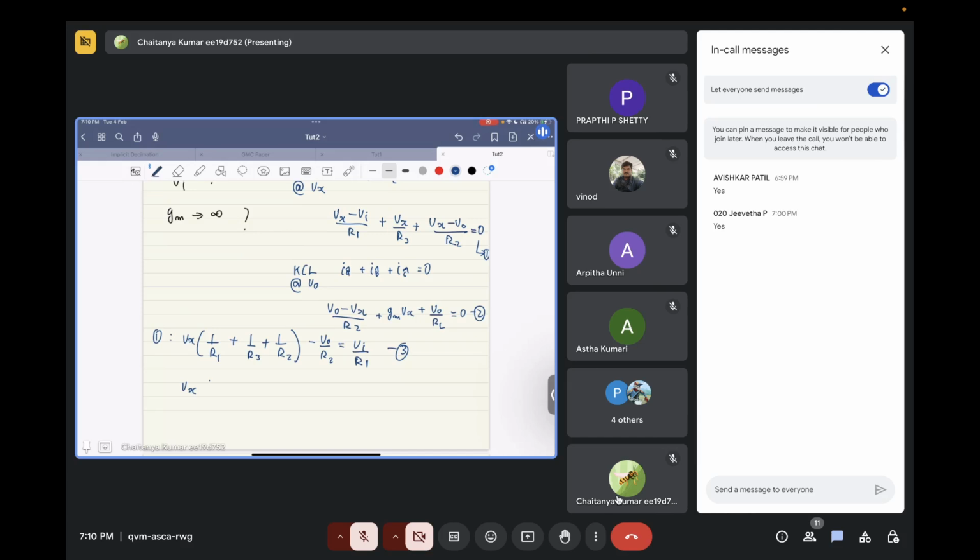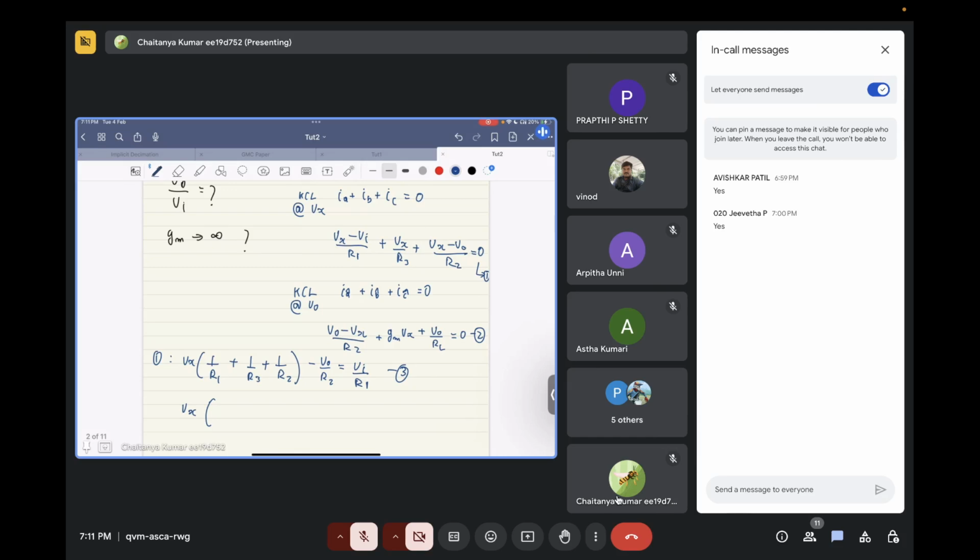So what will be the coefficient of Vx? It is (R2 plus R3 plus R1) divided by R1 R2 R3. No, no, no. I am trying to resolve equation 2 in terms of the coefficients of Vx and V naught.